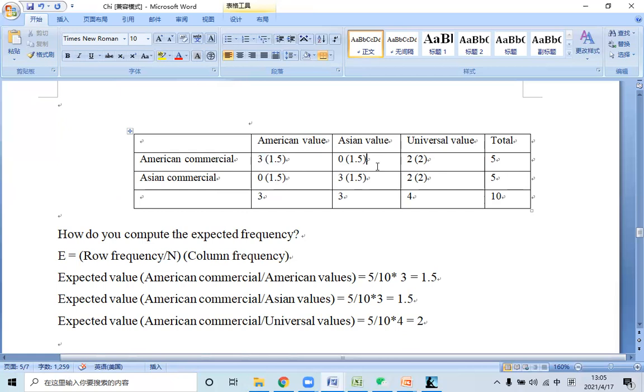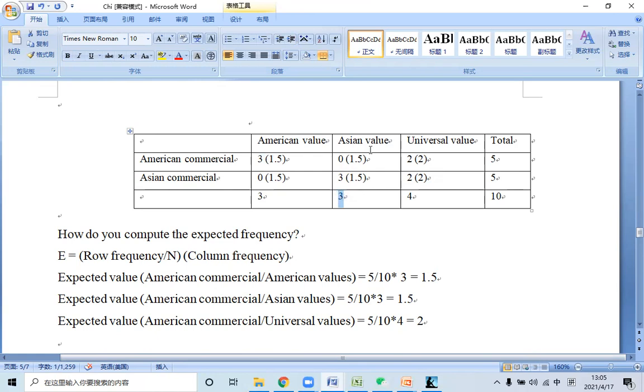And you do the same thing for everyone. See here, with Asian values, you got a total of 3. You counted all together, you have 3 commercials expressing Asian values. And suppose the 2 variables, value and source origin, do not depend on each other, how would you divide the 3 Asian values?